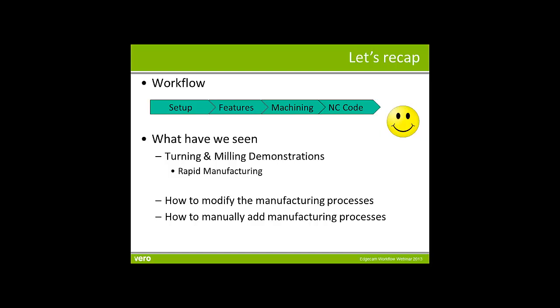We saw rapid manufacturing, but just as important as rapid manufacturing is the ability to modify the manufacturing process and add manufacturing processes. So you can modify a single toolpath. You can modify a group of toolpaths. And if you wish to implement your best practice, you can actually go to the root strategies and actually change it.